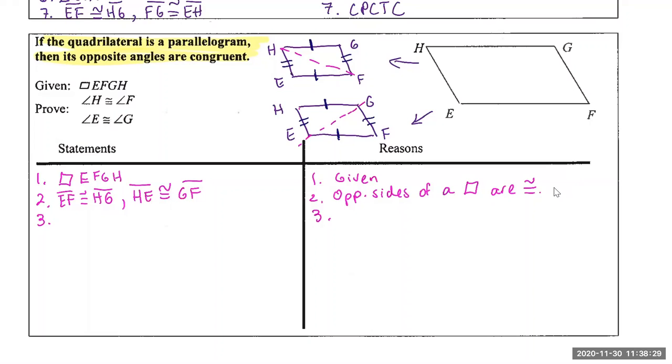You have the shared side, right? We have that shared side being EG, and then the other shared side being HF. So in both sets of triangles, you have a shared side. So EG is congruent to itself in the bottom parallelogram, and then you also have HF is congruent to itself. And that is by reflexive.